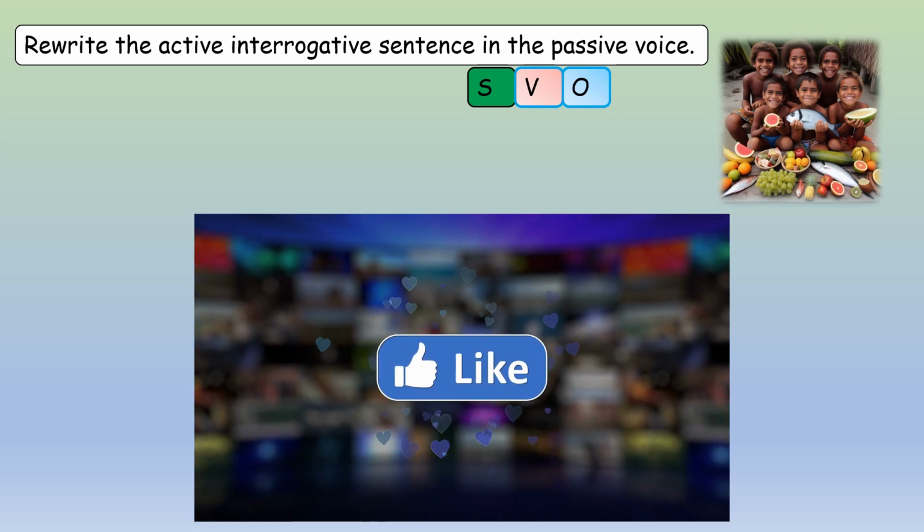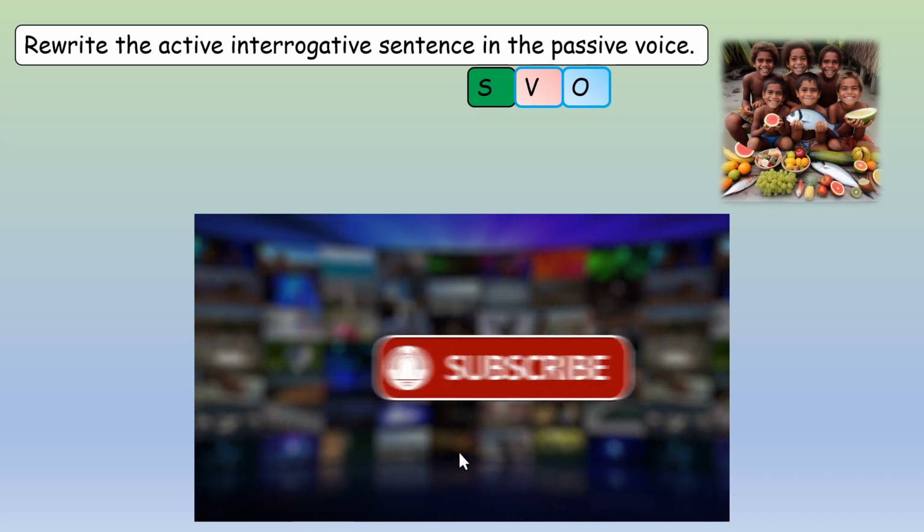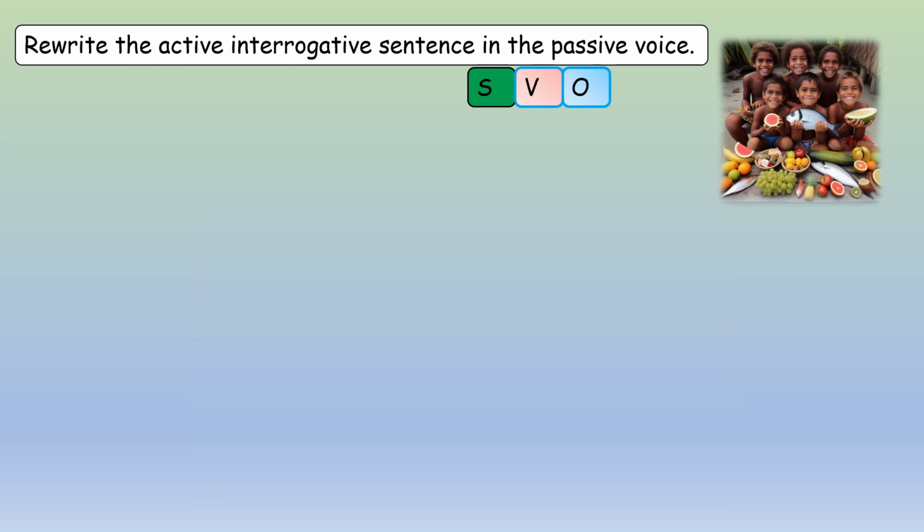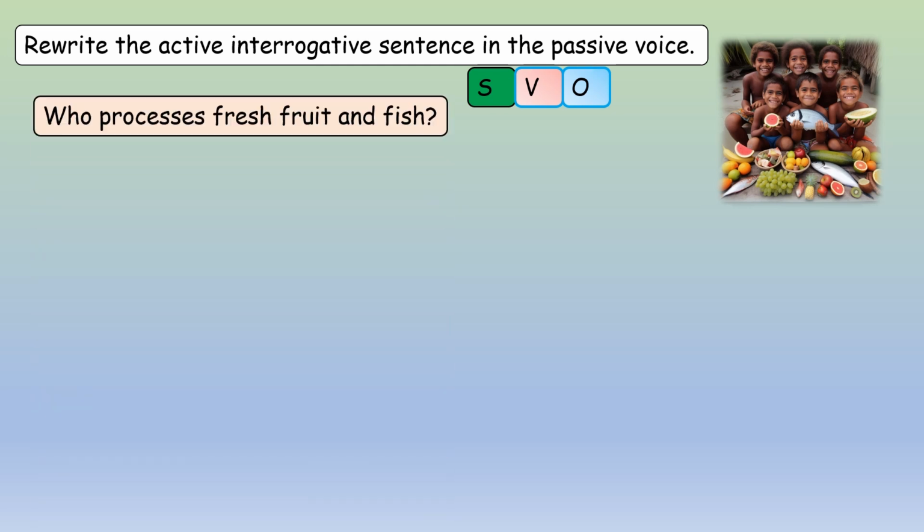Rewrite the active interrogative sentence in the passive voice. Subject, verb, and object. Or we could also say, change the active interrogative sentence to the passive voice. It comes down to the same instruction. So, who processes fresh fruit and fish? Processes is my verb. My subject is who.